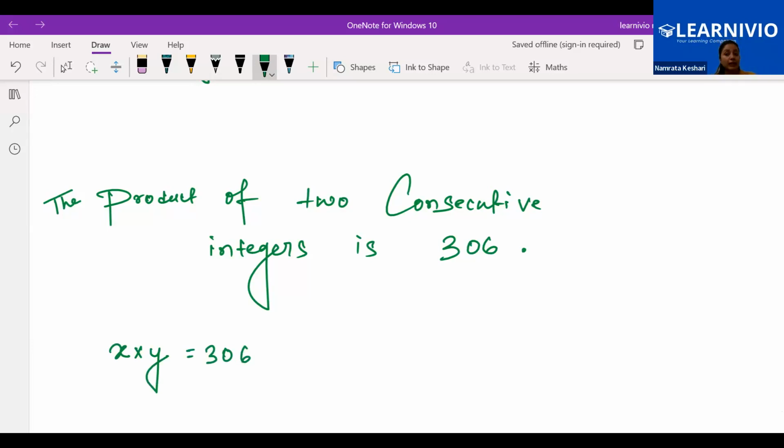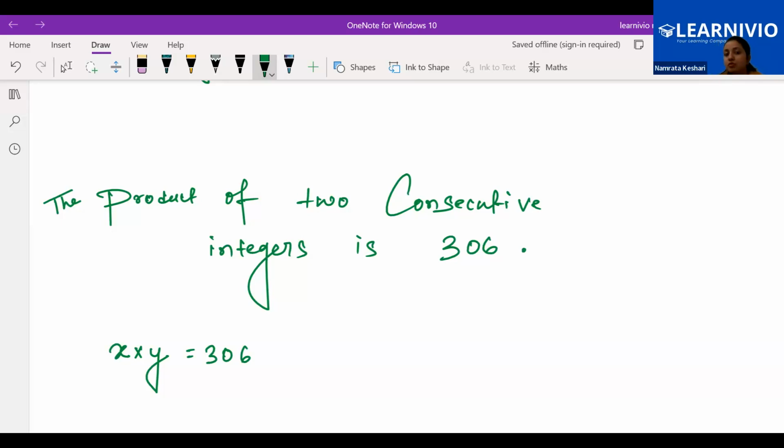If we write like that, we will end up making a mistake because no other condition is given over here, and we know that for this type of equation where two variables are there, we need one more equation, one help equation, to solve it. So here it is not possible to solve.